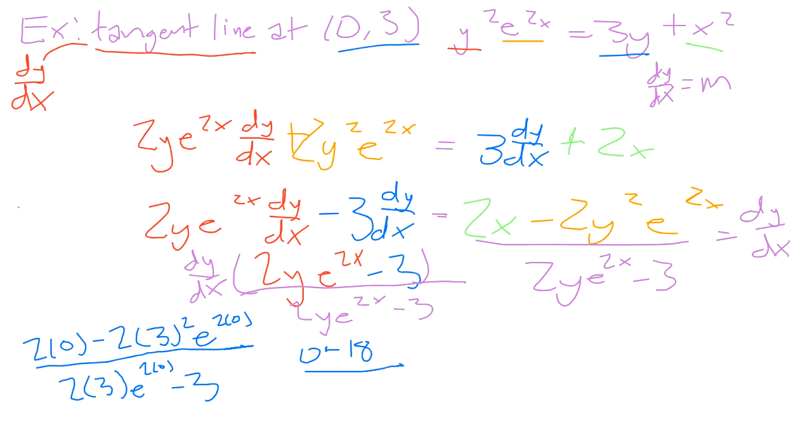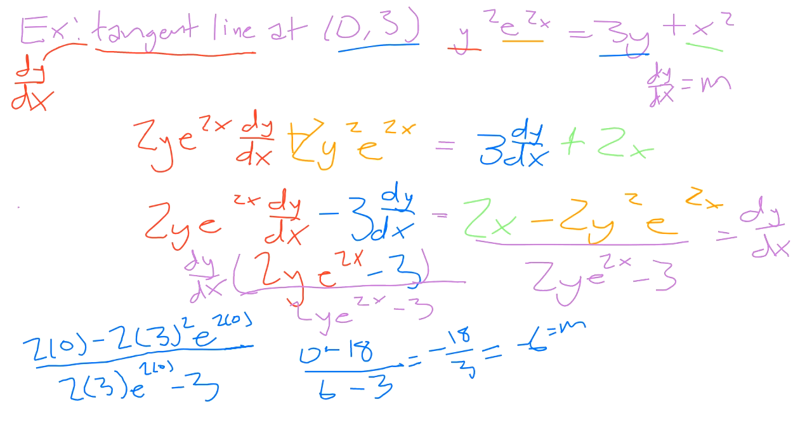Once again, in the denominator we have 2 times 3 times e to the 0, but that 3 is not squared, so we get 2 times 3 times 1, which is 6, minus 3, which leaves us with negative 18 over 3, which is negative 6, which is our m.